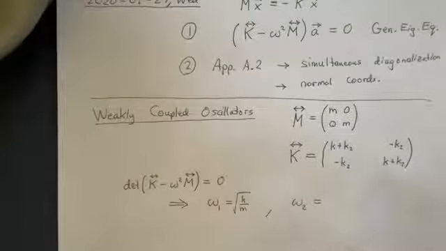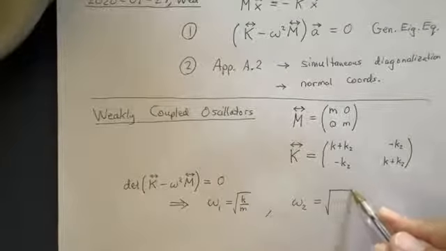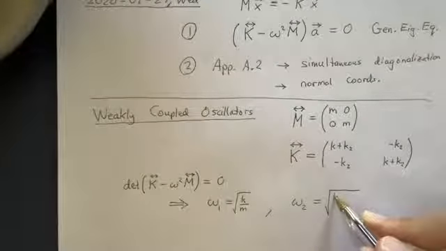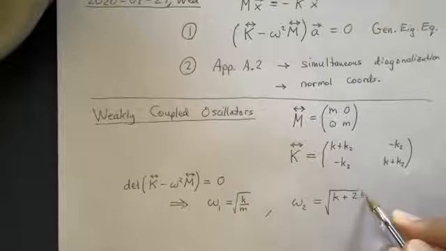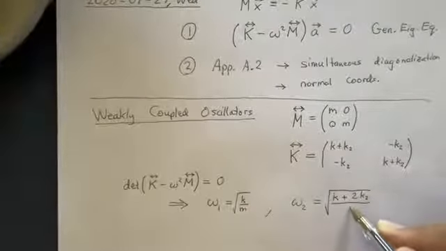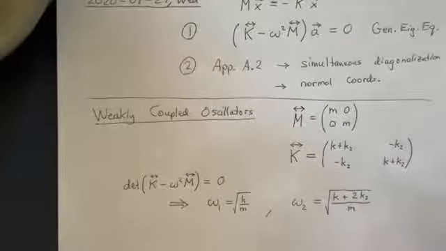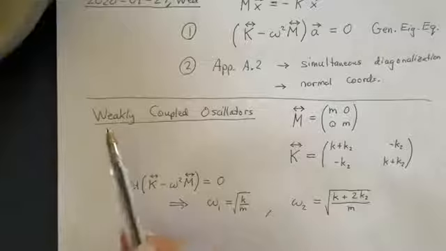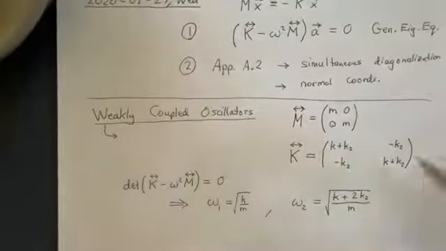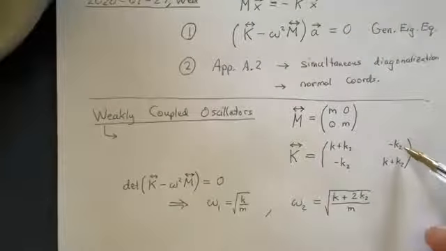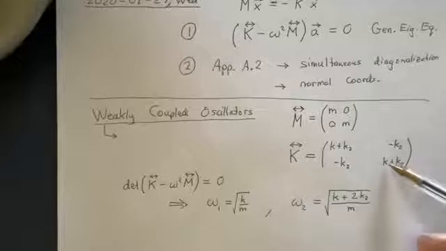Omega 2. Here we do have the off-diagonal element. Okay, so again, the fact that we have weakly coupled oscillators, how would we express that mathematically? The fact that they're weakly coupled is that you have a very weak spring here. This k2 is a small spring constant compared to k.